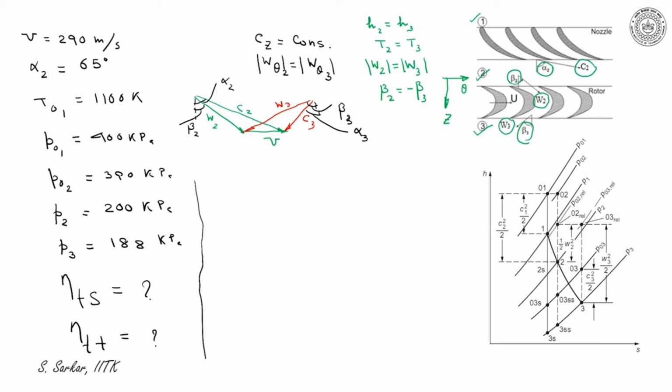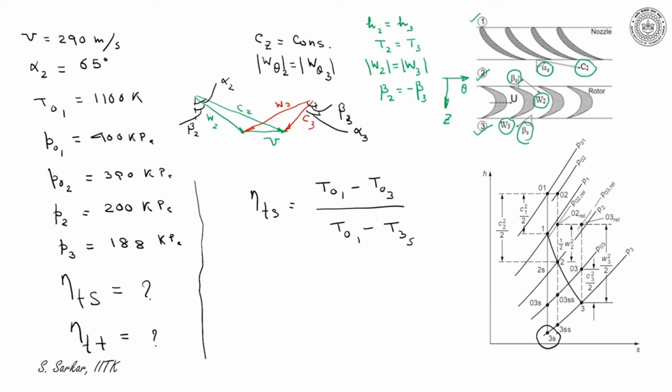By definition, eta total to static is T01 minus T03 divided by T01 minus T3s. That means with respect to the static condition at exit.